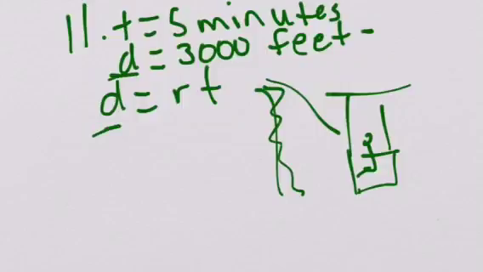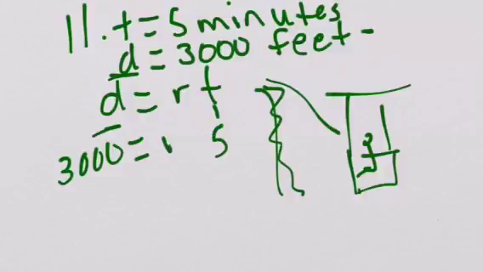Distance equals RT. Then we have to figure out how many feet per minute the ski lift travels. So our equation is the 3,000, that's the D, equals, and it gave us the time, that's the T part, of 5 minutes.